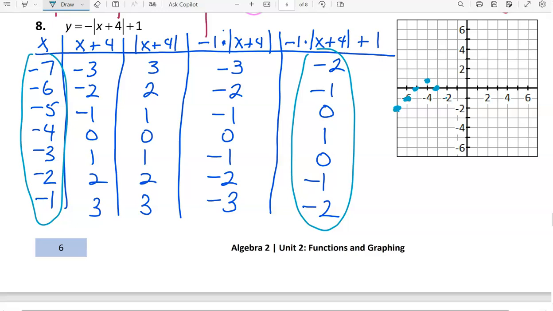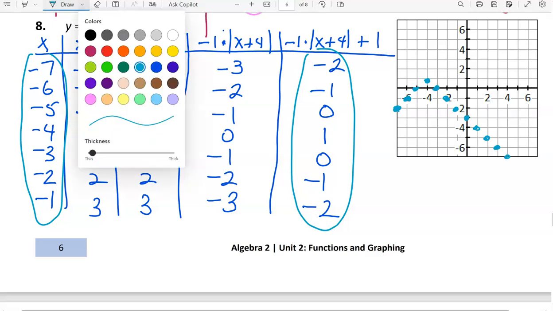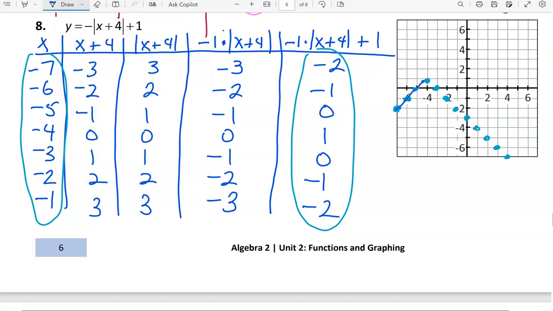And -2, comma, -1, and -1, comma, -2. I'm just going to continue that same pattern since we've already seen the turning point. I know that the rest of the graph just continues from there. And then I'm going to connect my nice V shape. This is piecewise 2 different lines that are connected at a V or a vertex.